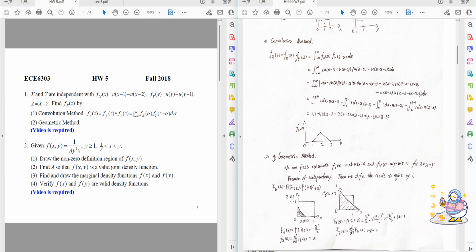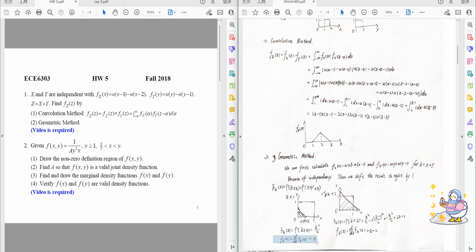So in the case z less than or equal to 1, we can say that it will organize a triangle in the square. So we can get the area is z squared divided by 2.